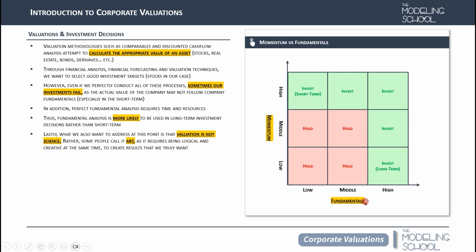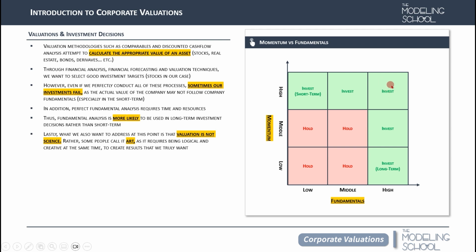However, unfortunately, we do not cover the momentum aspect, as we are not professionals in that area. So even if you excel at fundamental analysis, we might not achieve successful investment if momentum does not align. So looking at this table, it's pretty clear that if both fundamentals and momentum are strong, we should probably invest in that target.